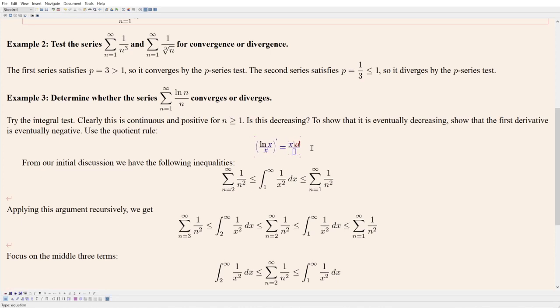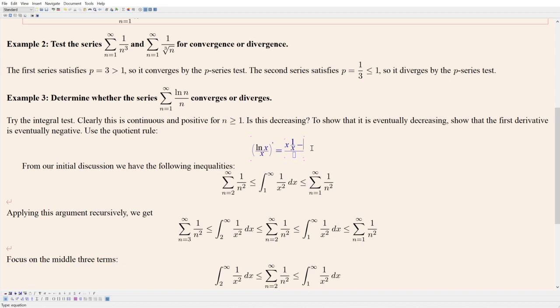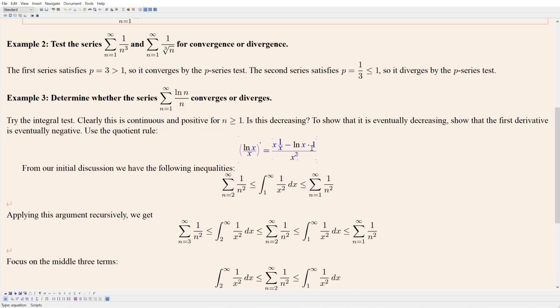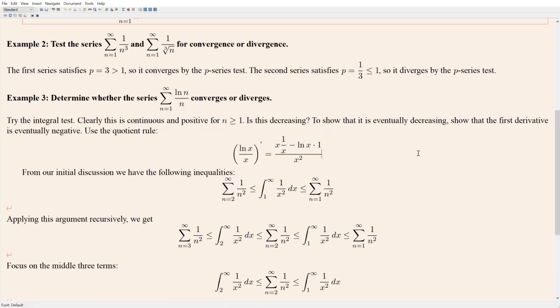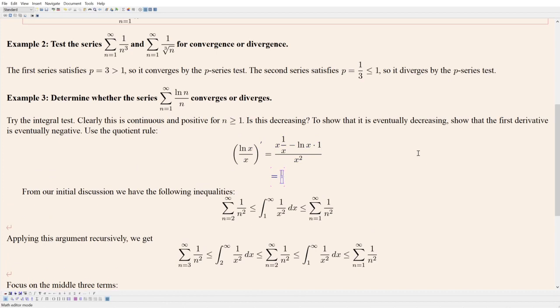So low d high minus high d low over low squared. So x over x cancels.